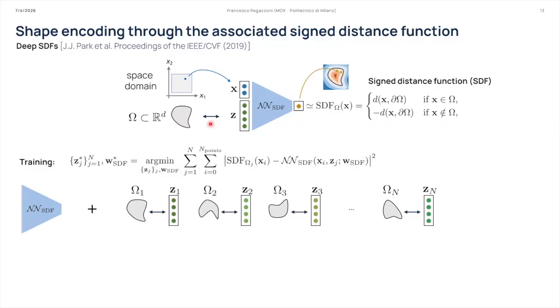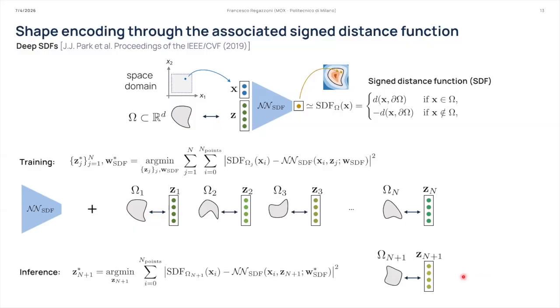So to train it, we exploit again an autodecoder strategy. So at training time, we associate a shape code to each geometry, and we simultaneously train for these shape codes and for the parameters of the model. And at testing time, given a new geometry, we will simply look for the shape code such that, if inputted into the shape model, this will output a signed distance function that is as close as possible to the one associated with the geometry at hand.